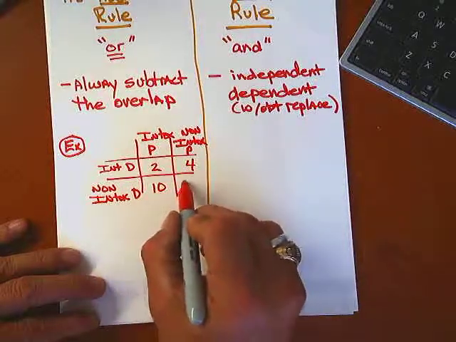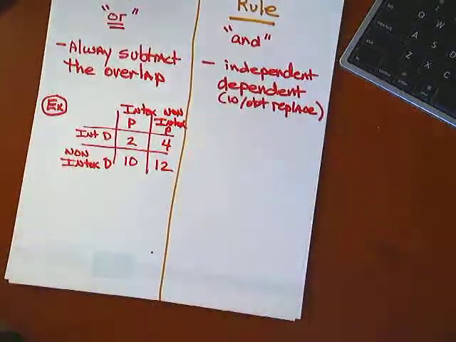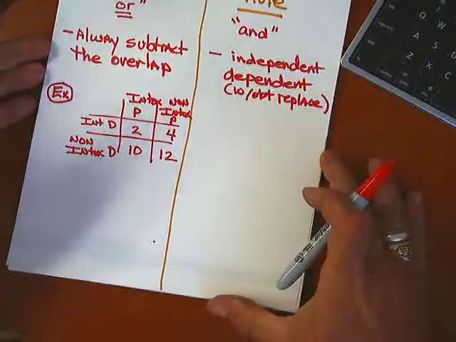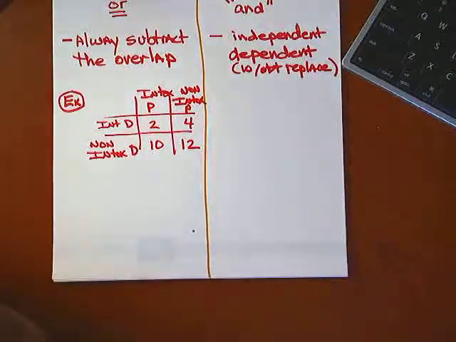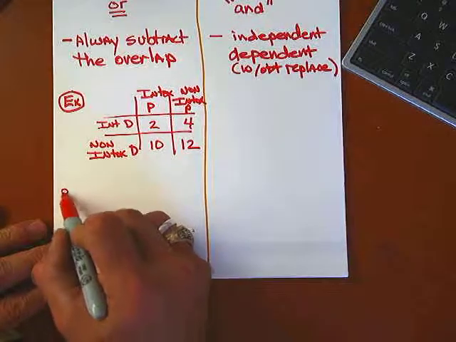And let's say there's 2, 4, 10, and 12. Okay? Now, one of the things that I need to tell you about these tables is don't try to figure them out. That's one thing you don't want to do, because if you try to start figuring them out, you're going to drive yourself crazy. So don't do that.